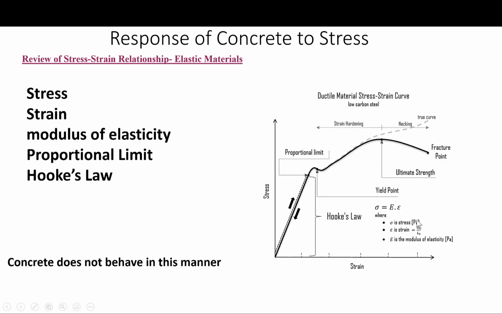Sigma is the stress in whatever units you're using, Pascal, for example. Epsilon is the strain, which is a dimensionless value, basically, which is the change in length per original length. And E is the modulus of elasticity in the same unit, Pascal, or whatever units you are using.